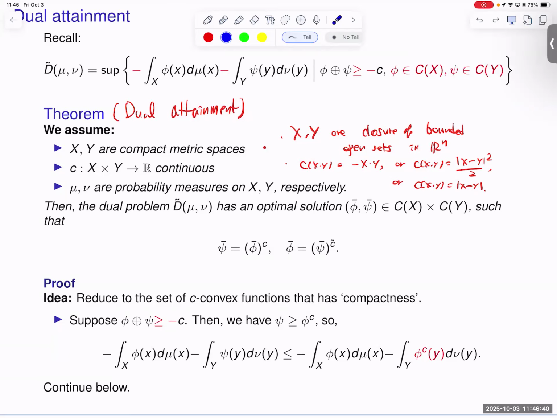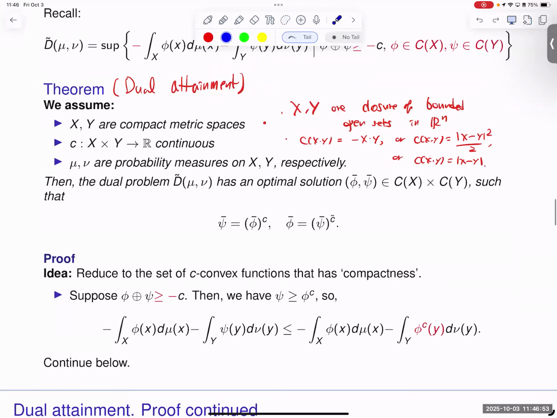So we want to reduce our dual functions into those C-convex functions. So that's the idea.